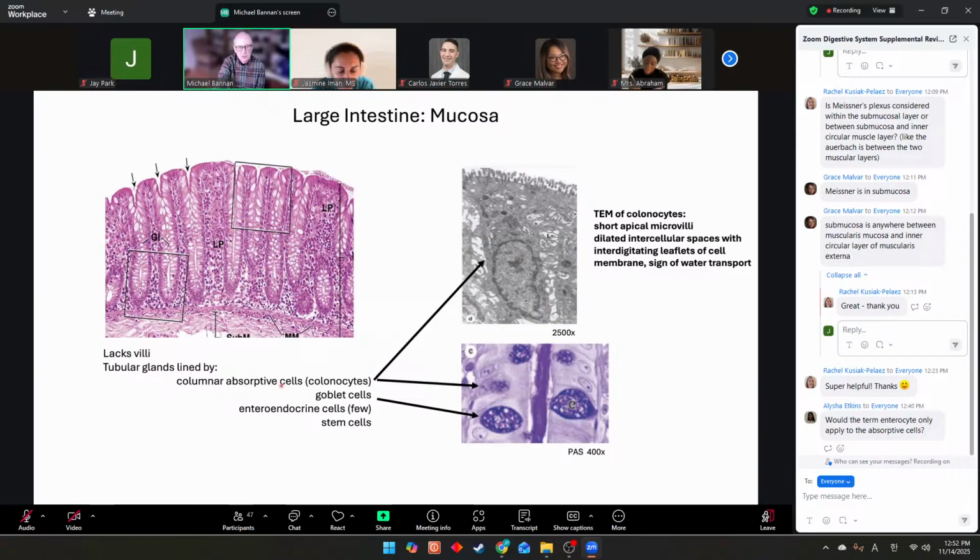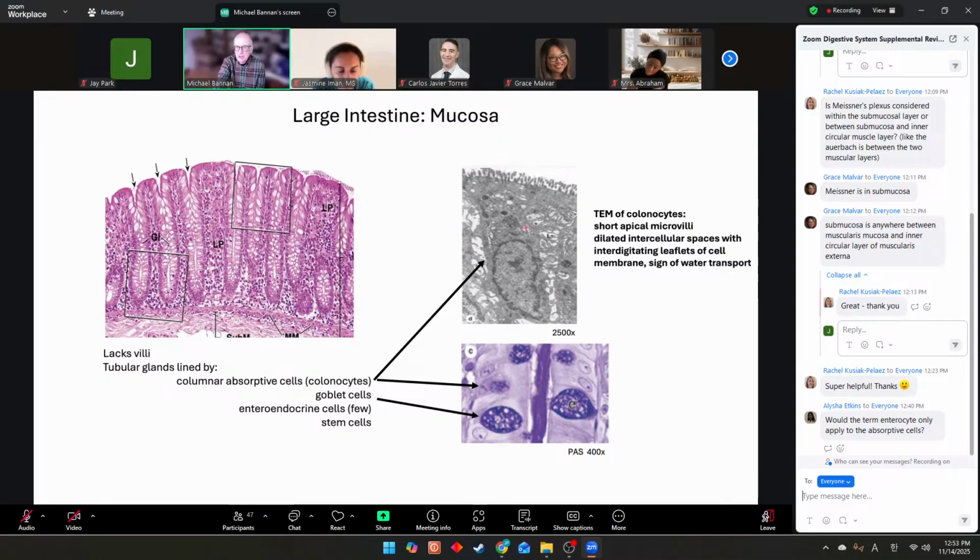Okay, so the two major cell types are columnar absorptive cells, also called colonocytes, and goblet cells. We've seen goblet cells before. They just produce mucin that has a protective and lubricating function on the surface of the mucosa. This is the real specialized cell type for the colon here, the columnar absorptive cell or colonocytes.